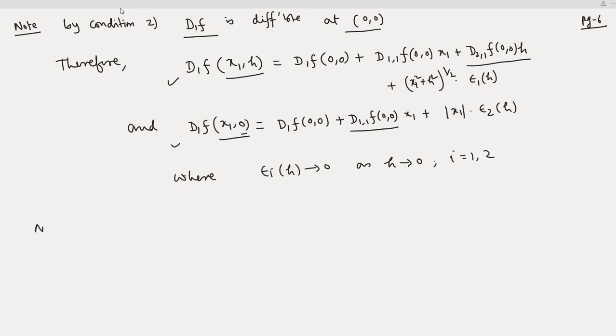Now delta h is equal to g of h minus g of 0.